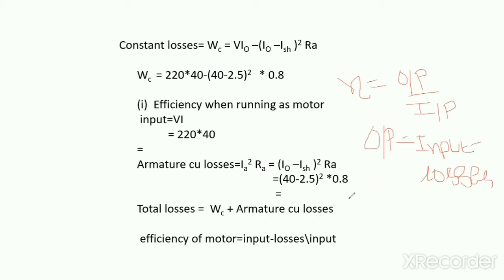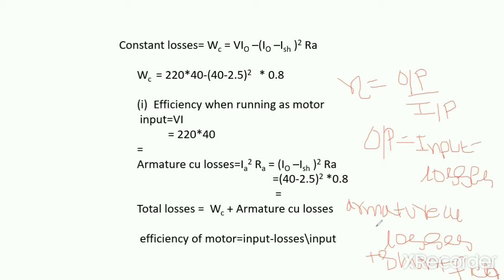That is armature copper losses plus shunt field copper losses plus constant losses.